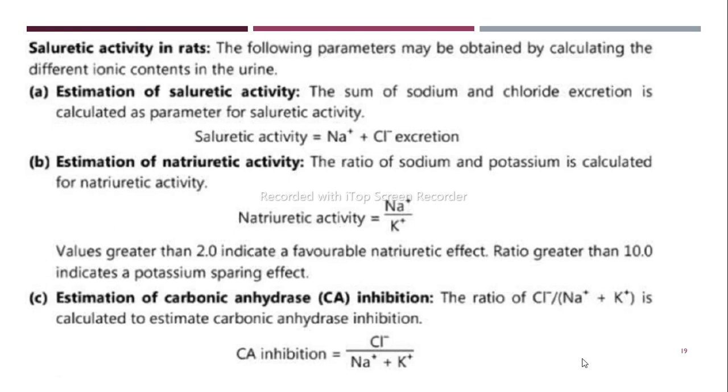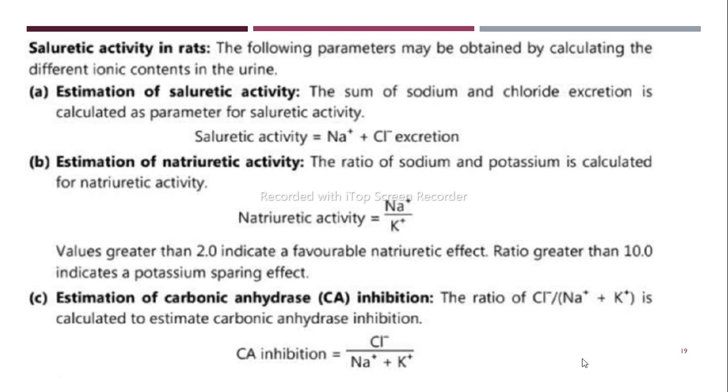Second is the estimation of the natriuretic activity. The ratio of sodium and potassium is calculated for the natriuretic activity. So the natriuretic activity is equal to sodium divided by potassium. Values greater than 2 indicate a favorable natriuretic effect. A ratio greater than 10 indicates a potassium sparing effect.